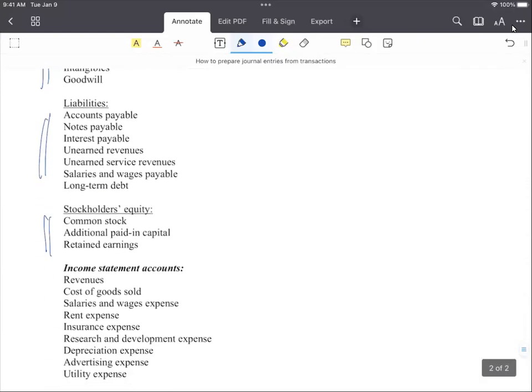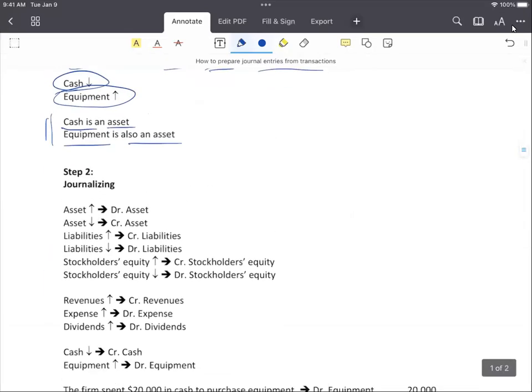Stockholders' equity includes common stock, additional paid-in capital, and retained earnings. Retained earnings is increased by revenue, and it is decreased by expenses and decreased by dividends. So those are the common accounts.